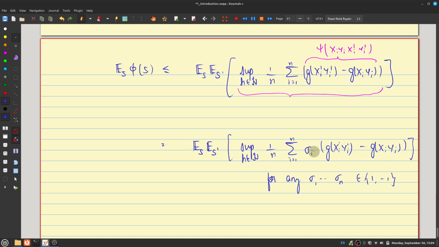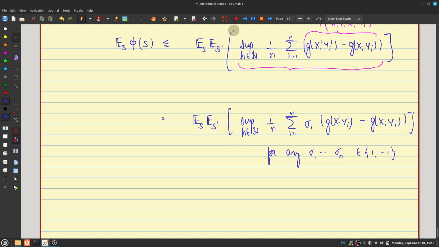Because they're independent and identically distributed. So xi prime yi prime and xi yi, for this particular quantity, they're just labels, nothing else. They're identically distributed and can be interchanged. So the distribution of this particular supremum is equal to the distribution of this particular supremum. This is of course assuming that each sigma i is either +1 or -1.